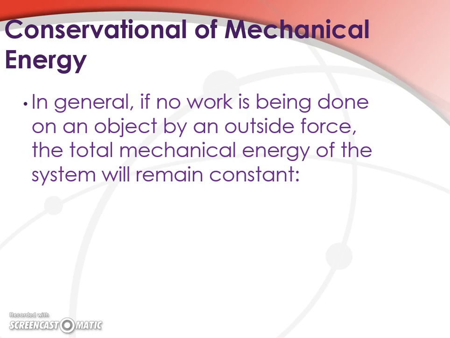So the law of conservation of mechanical energy states that in general, if no work is being done on an object by an outside force, the total mechanical energy of the system remains constant. And we could write this as delta E equals 0 for a closed system.